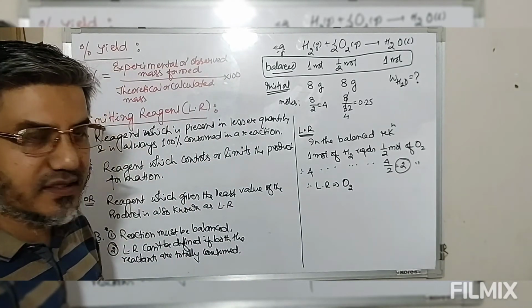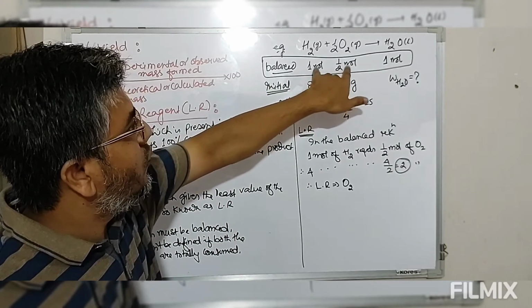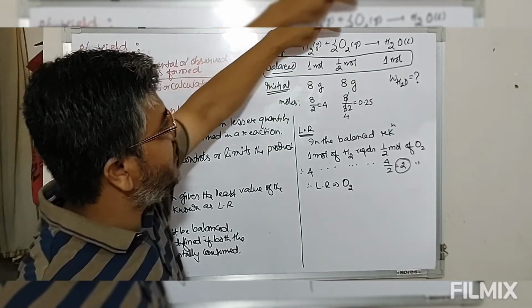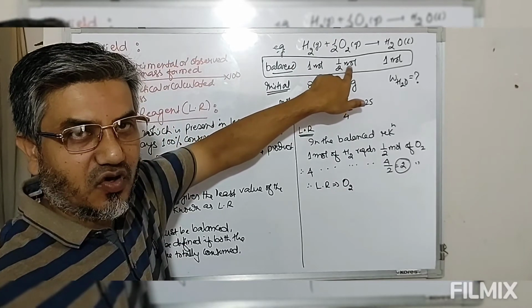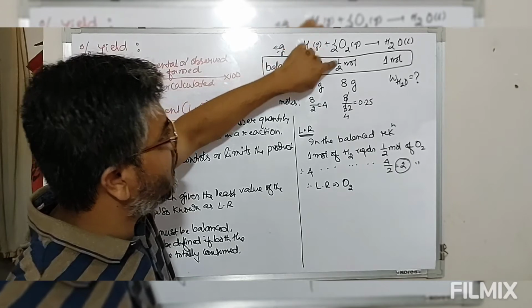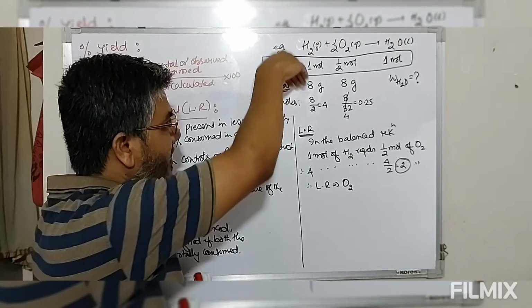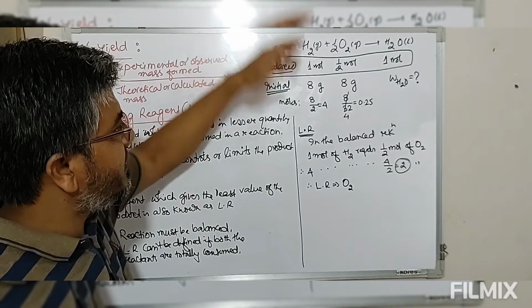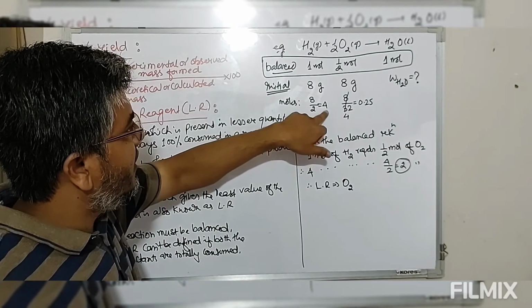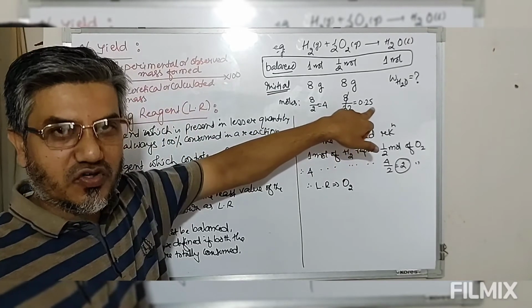I hope this point is clear. So let me explain again. We have this balanced reaction. 1 mole of hydrogen always combines with half mole of oxygen to give you 1 mole of water. But in the given reaction, we are starting with 4 moles of hydrogen and 0.25 moles of oxygen gas.